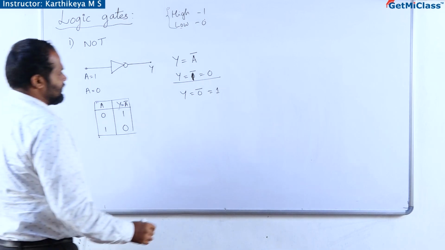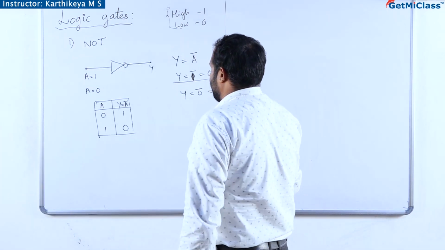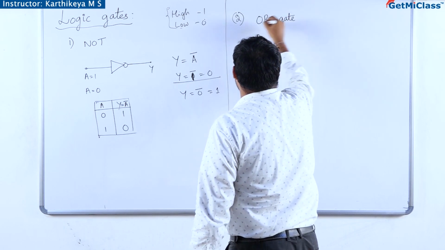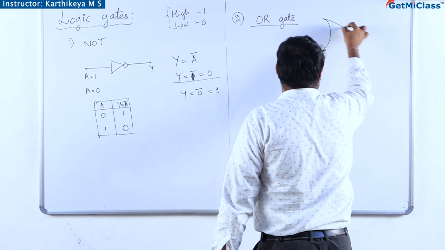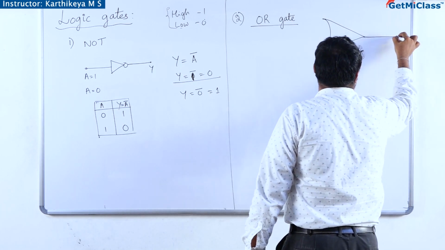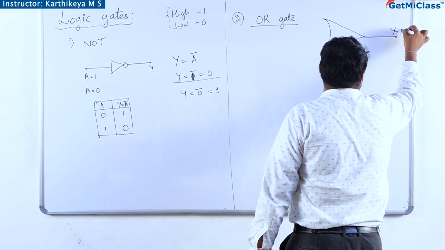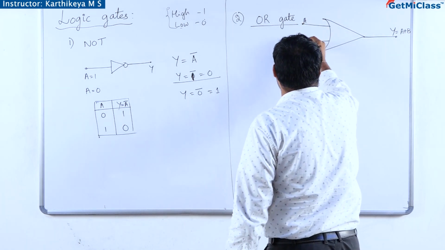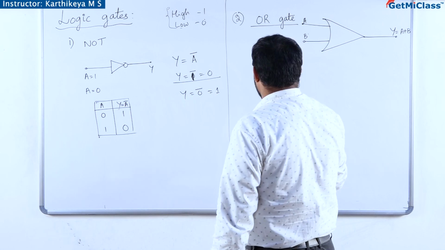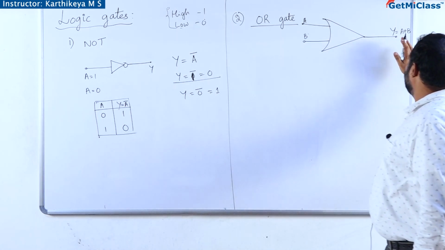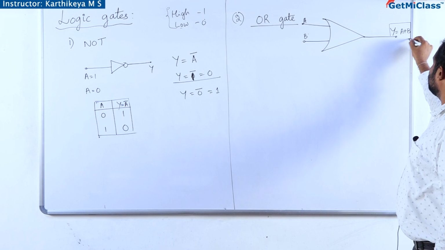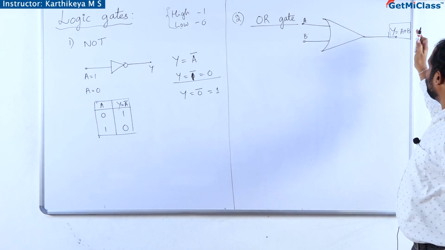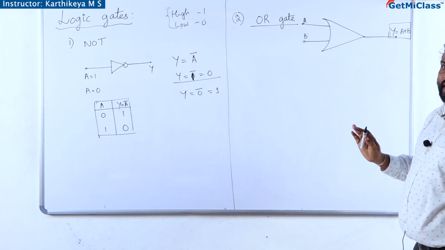Next basic logic is the OR gate, OR logic. So the OR gate is represented by this symbol, where the function is A or B. It has two inputs, A and B. So by looking at the output logic, if A is high and B is low, or if B is high and A is low, the output is high itself.